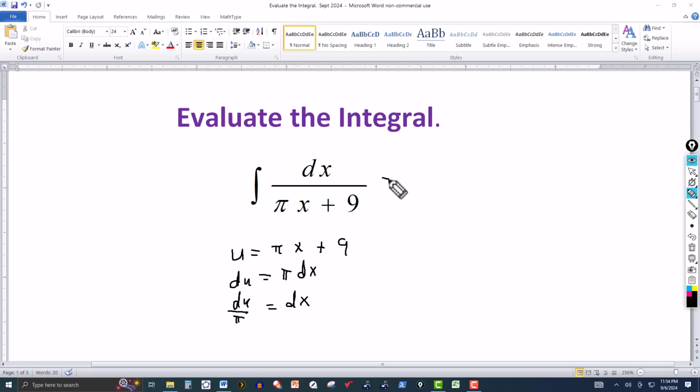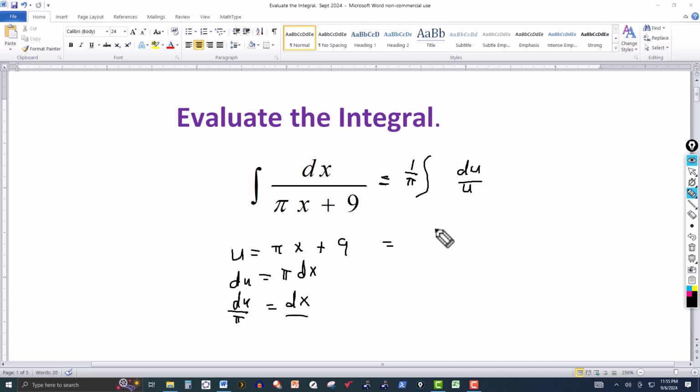And then we go ahead and transform this into an integral involving the variable u instead of x. So it's the integral for the dx, replace it by du over pi, and I just factor out that constant 1 over pi, and then the denominator is the u, and then I just use the general formula for the integral of du over u.